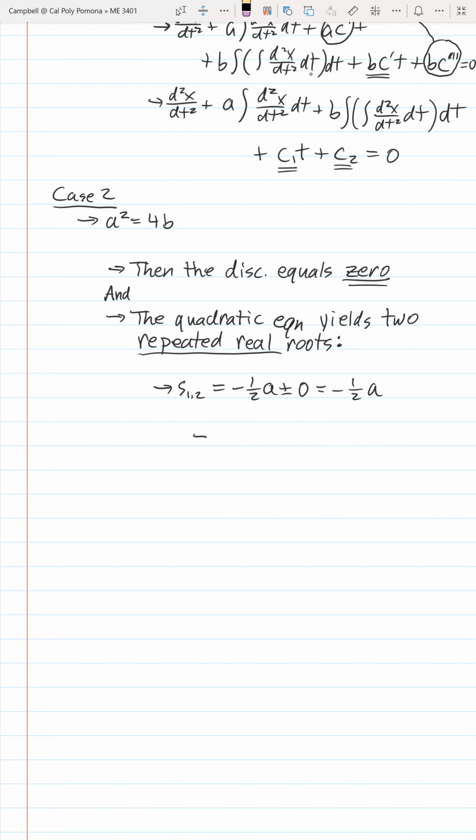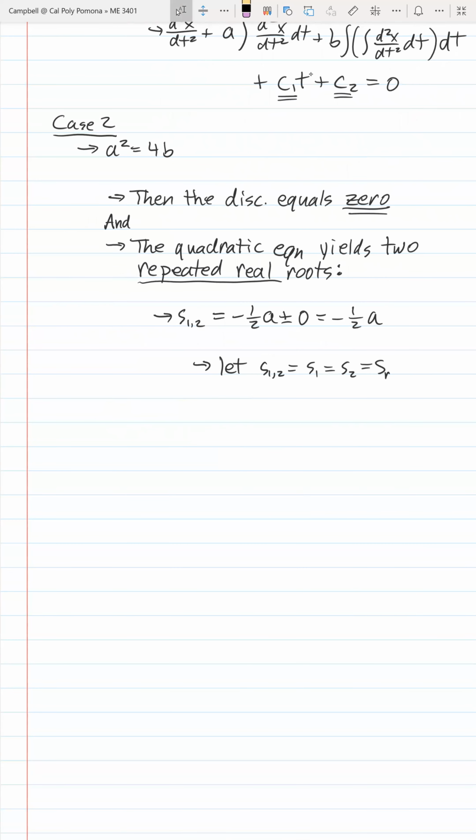So let's go ahead now, just to simplify things, and let S1,2 be equal to S1, which is equal to S2, which is now just equal to SR for repeated real roots.